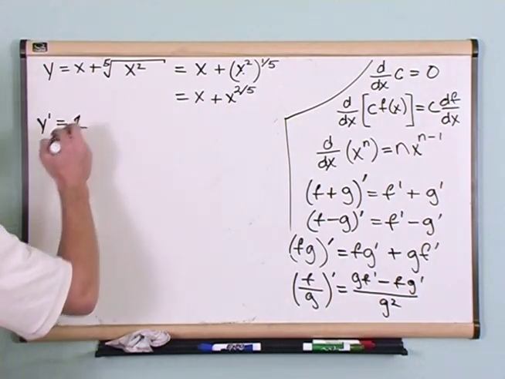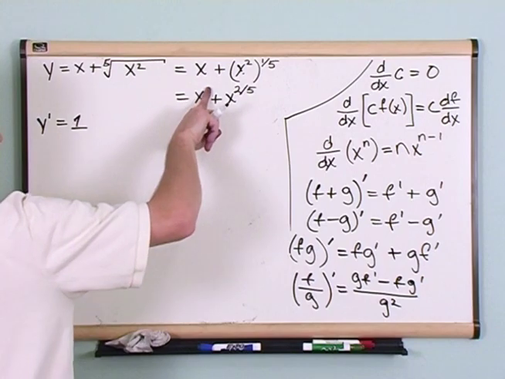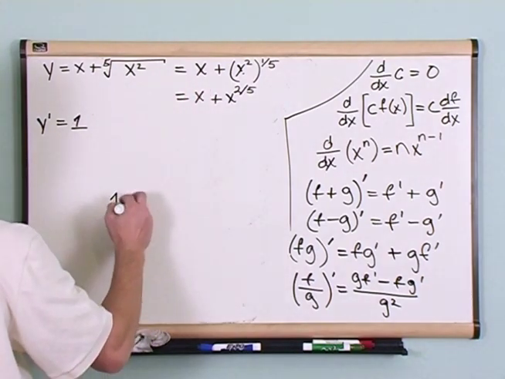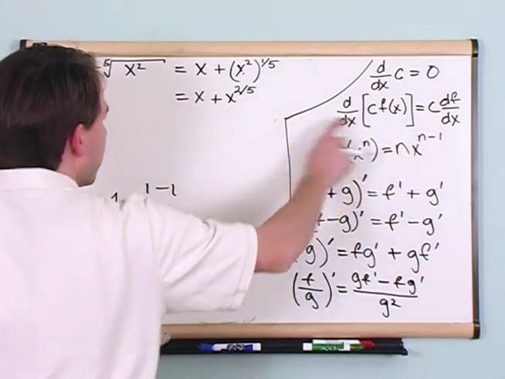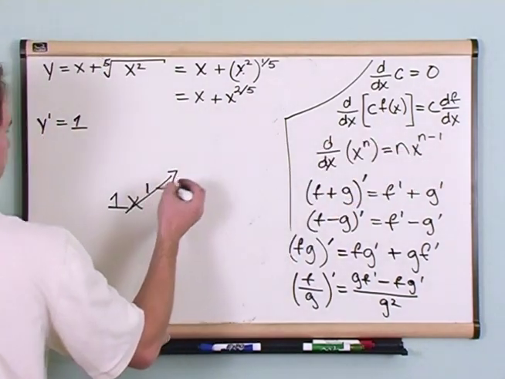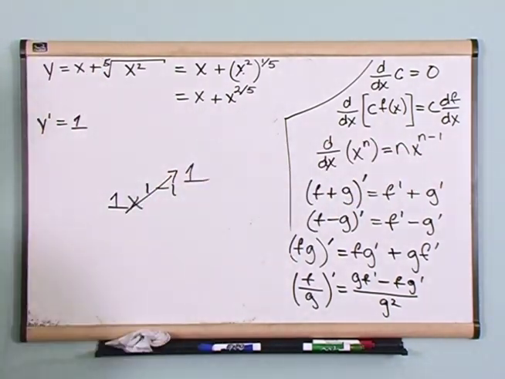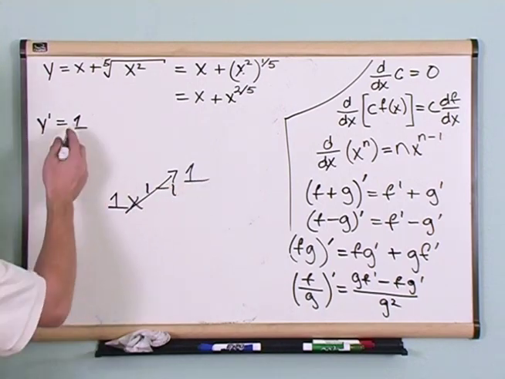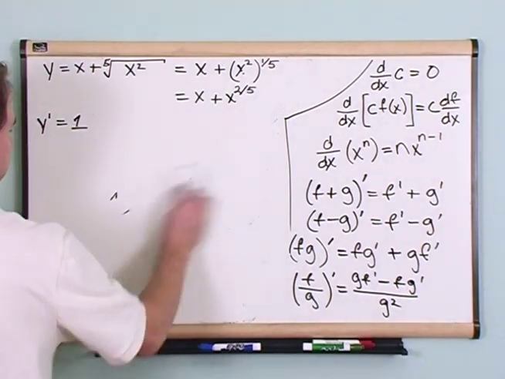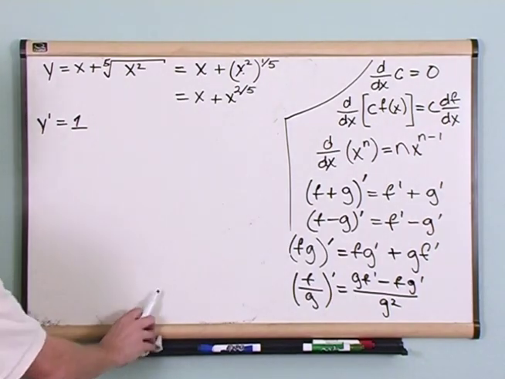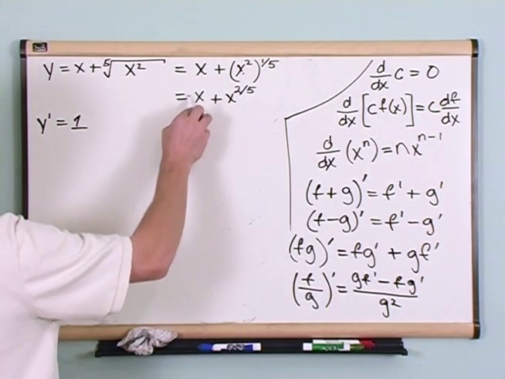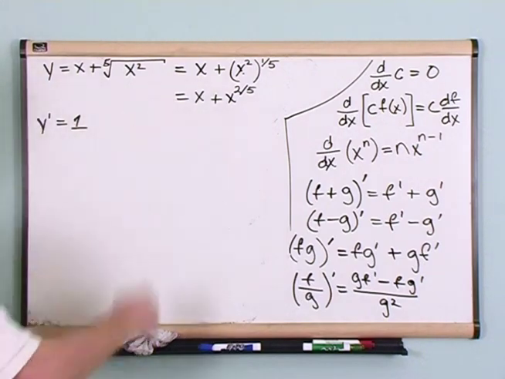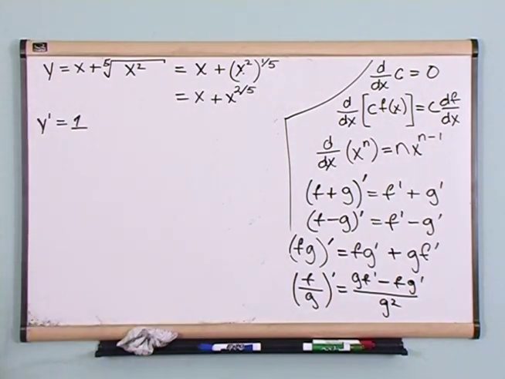Well, it's simply going to be 1, because you have a 1 in the exponent that would come down, then you'd have x to the 1 minus 1, because I have to subtract 1 off, which would give me 0, and the whole thing would go to 1, because x to the 0 power is 1. This is probably a good place to tell you that anytime you see the variable by itself with nothing else going on, you're pretty much going to just take whatever number's out in front, and that's the derivative of it. And you'll see these patterns as you work problems.